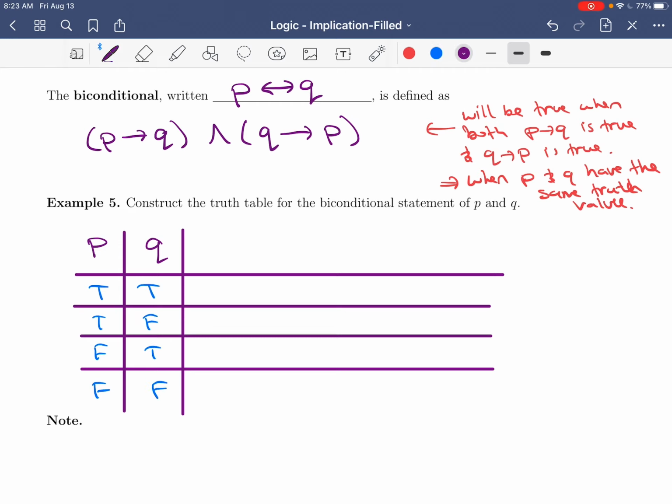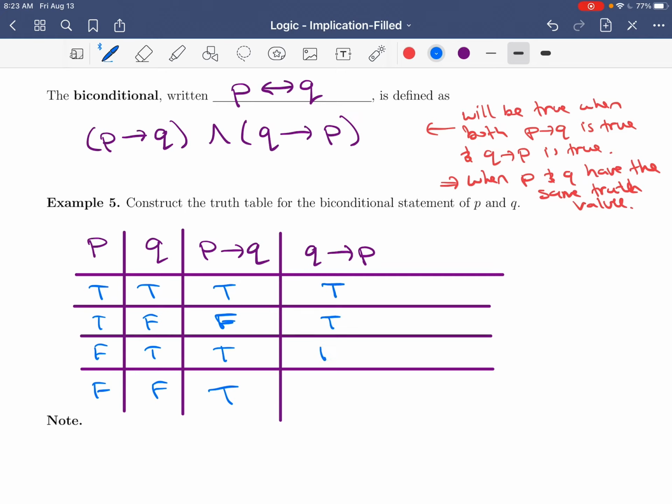You could break it down. We already did these, so I'm going to go through this pretty quickly. We know this one is only false in row 2, when P is true and Q is false.